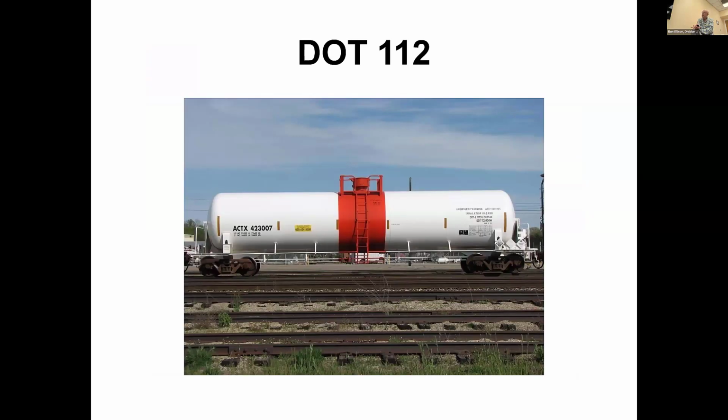So again, high pressure, only one thing sticking out of the top. That orange pattern there is a definitive thing related to that product that's in that car, the anhydrous hydrogen fluoride.